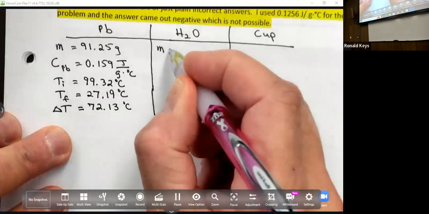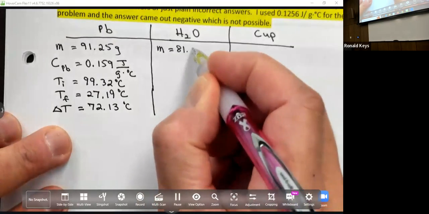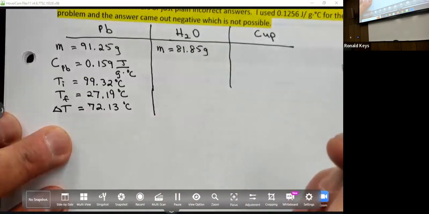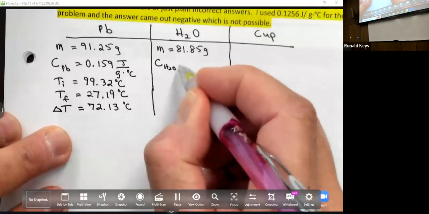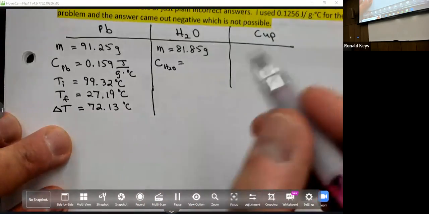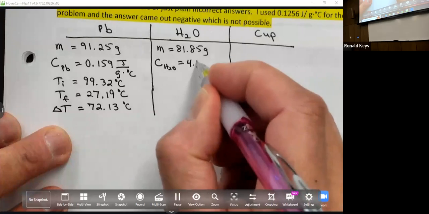My mass of water, 1.85 grams. Specific heat of water, 4.184.